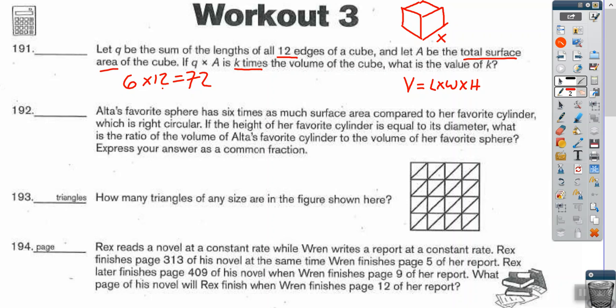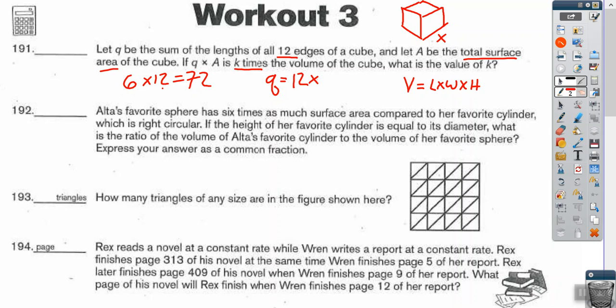So when it says Q is the sum of all the edges, how many edges are there? 12. And each edge is X long, so there we go, 12X. Does that make sense so far? Yes. All right.